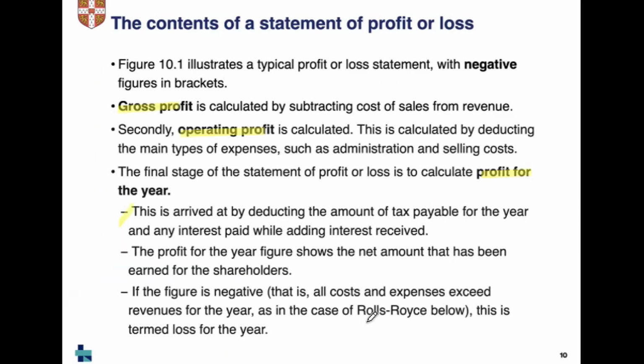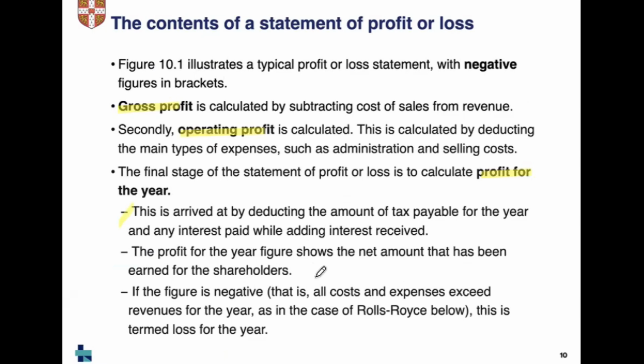And then the profit of the year figure shows the net amount that has been earned for shareholders. So after all these costs are deducted, all these expenses are deducted, and tax to the government is also deducted, the final amount, which is the profit of the year, represents the amount that goes to shareholders.